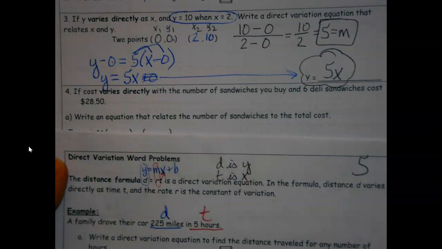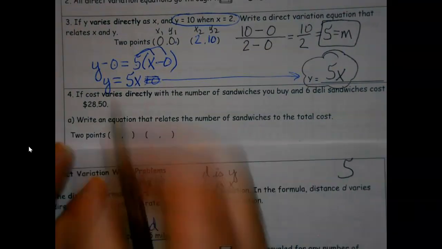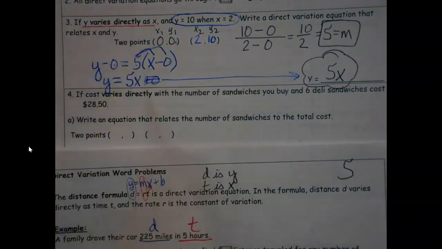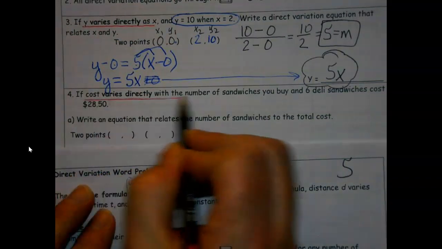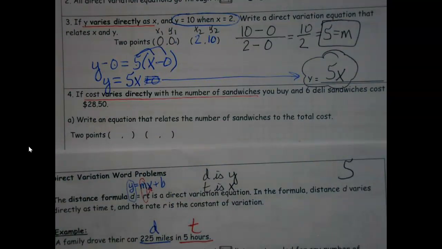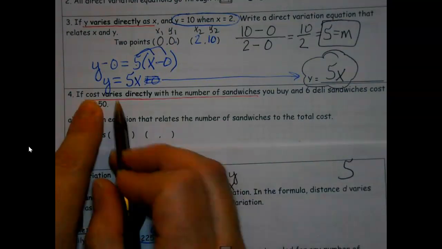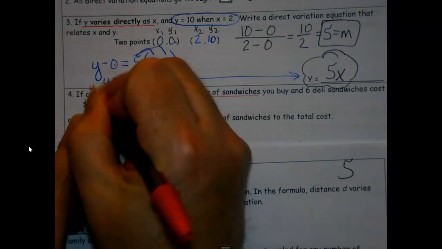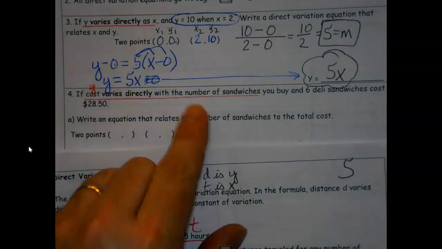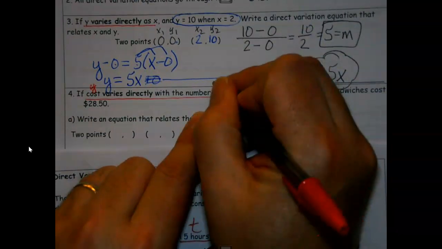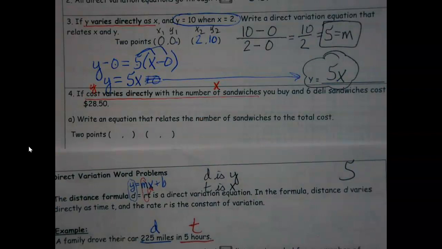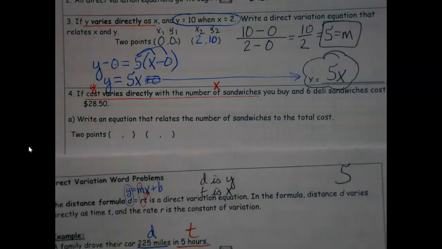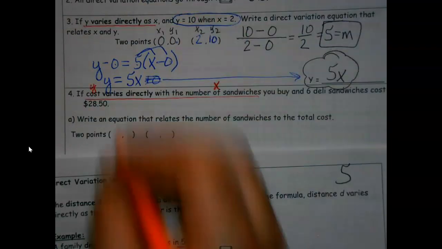The problem before can actually help me. y varies directly as x. Cost varies directly with the number of sandwiches. Whatever comes before varies is y. Whatever comes after varies is x, just in case you're not told that. Other than that, we're going to do the exact same thing we did in number 3.